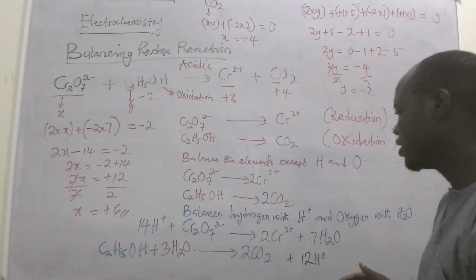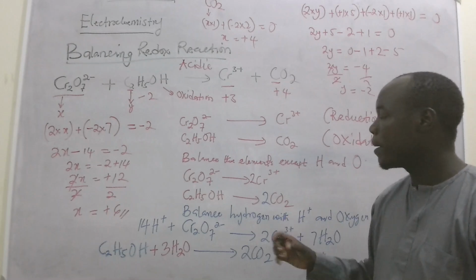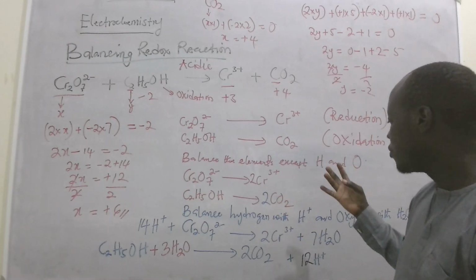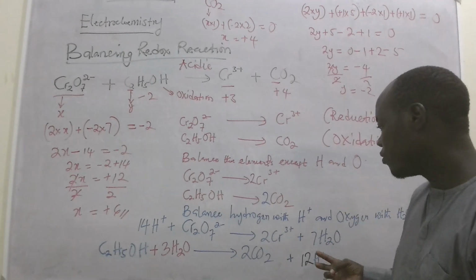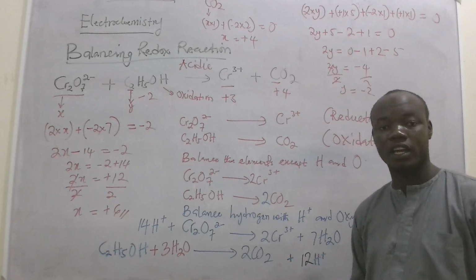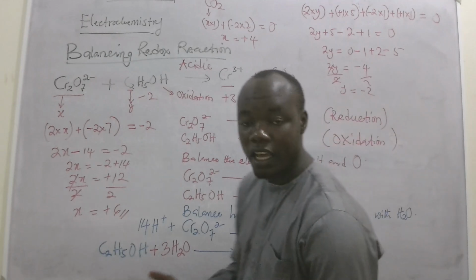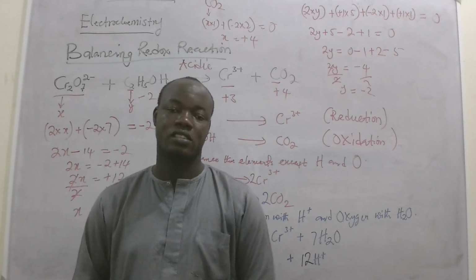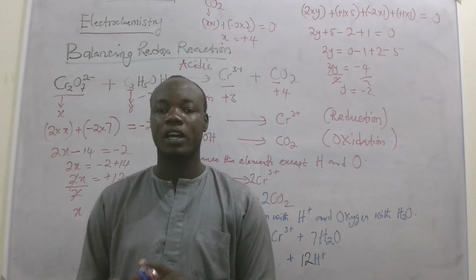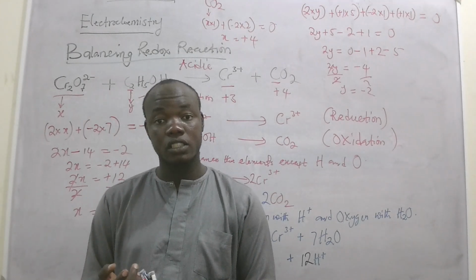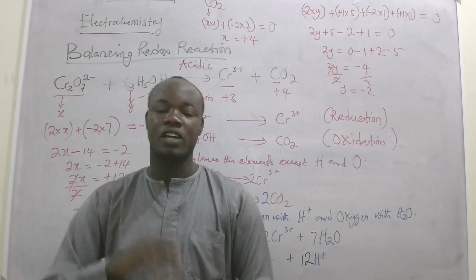So now based on that, we are able to balance the number of hydrogen atoms and also the hydrogen ion. So the hydrogen ion and the carbon dioxide are all balanced. We have all balanced the hydrogen atoms, the oxygen, and the number of atoms.